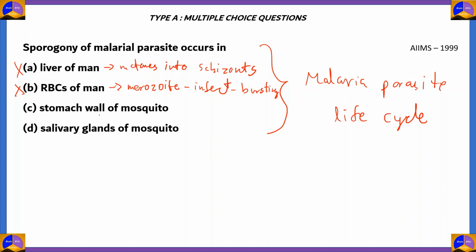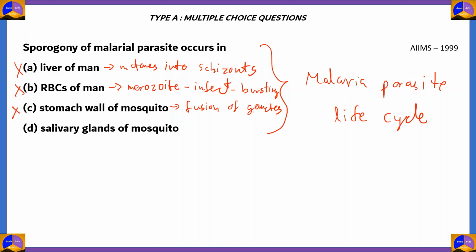What about option C, stomach wall of mosquito? In the stomach wall of mosquito, the event that happens is the fusion of gametes. In humans, sometimes the parasite divides into male and female forms, and these are sucked up by a mosquito. Inside the stomach wall, the fusion of gametes takes place, which is not sporogony.